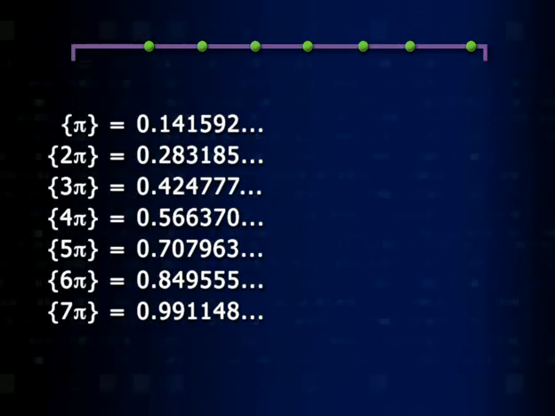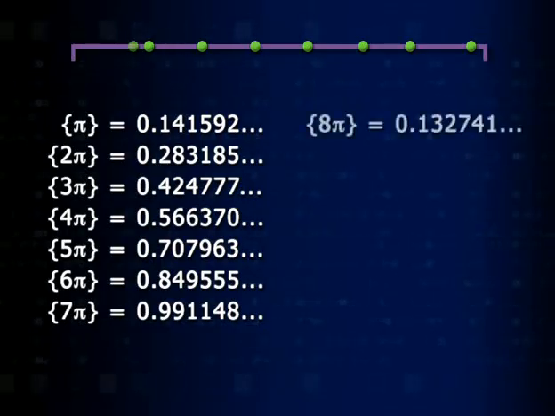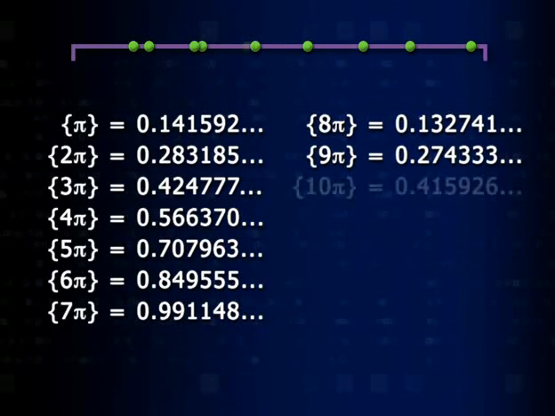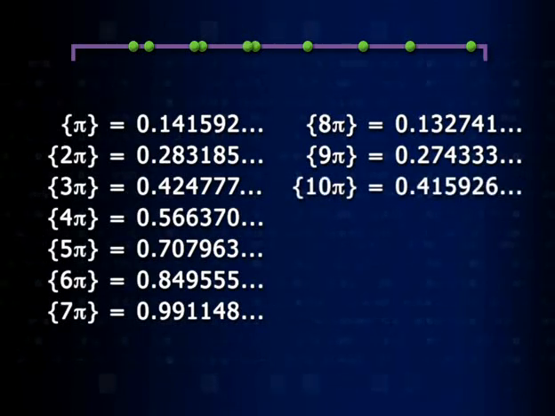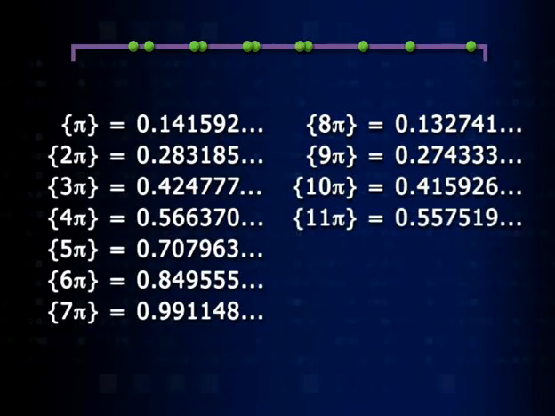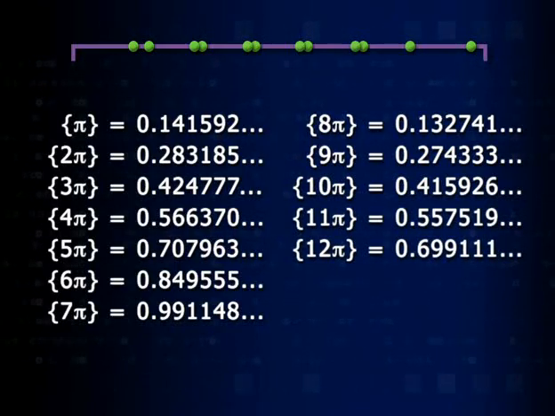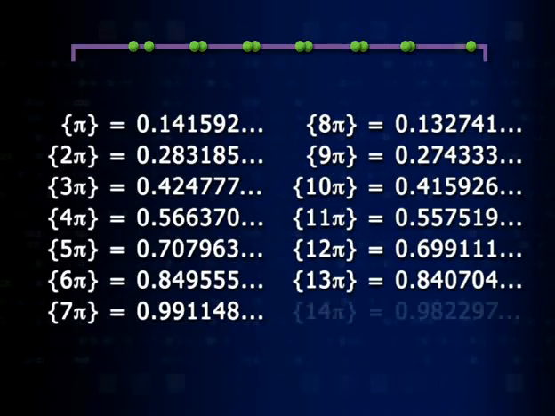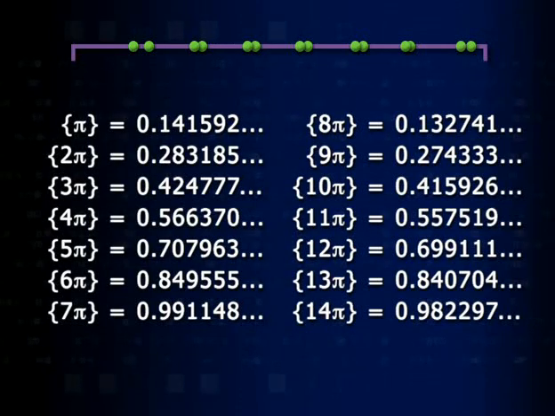In fact, if we consider the fractional parts of larger and larger integer multiples of pi, then we'd see that those values begin to fill up more and more of the little gaps between the previous or smaller multiples of pi. As we consider larger and larger integer multiples, those points appear to fill up the entire interval.